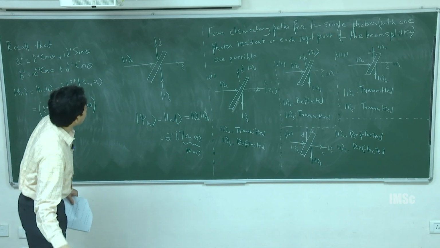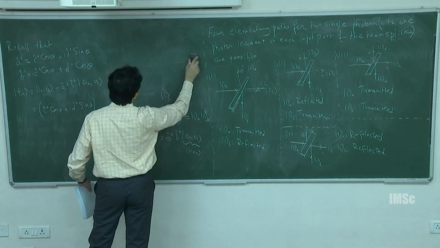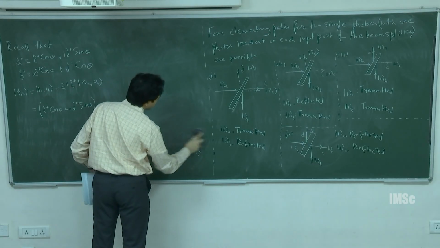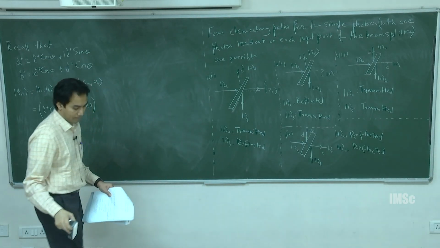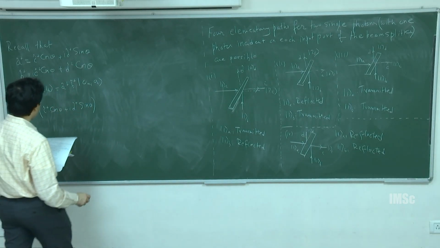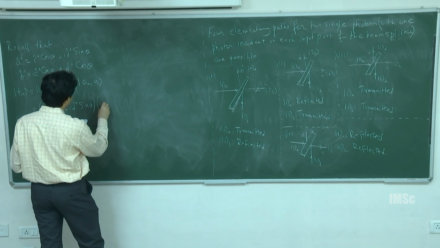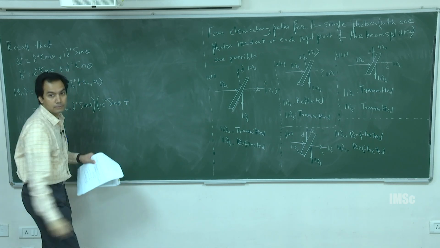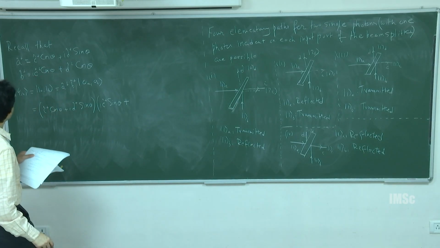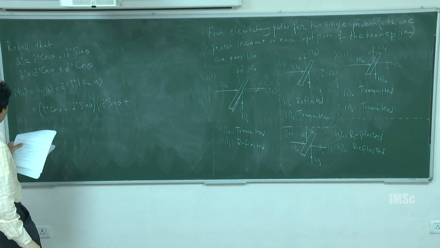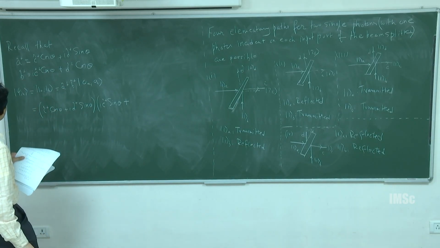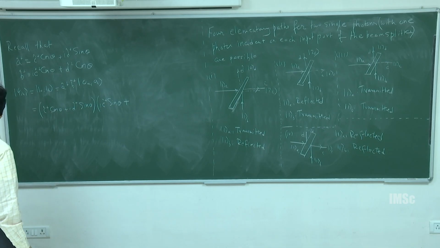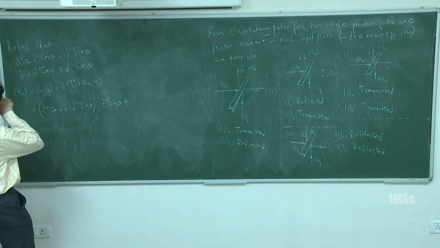Let me clean this part of it. I think D dagger is having some issue. Because both the sides cos.